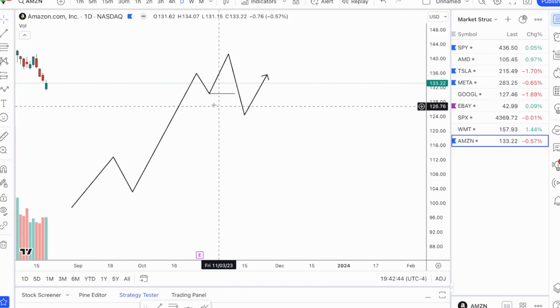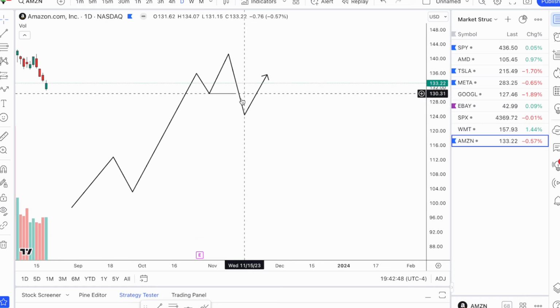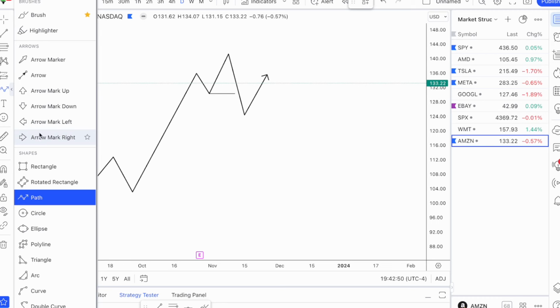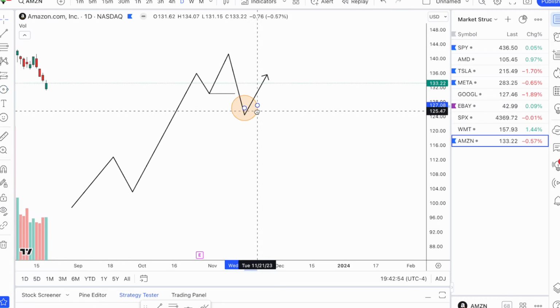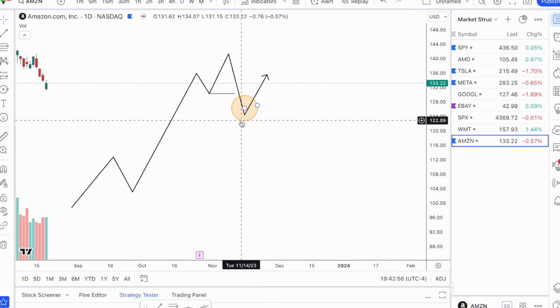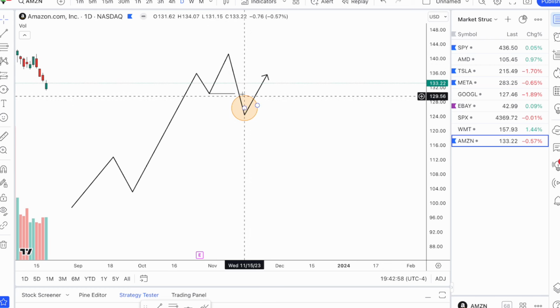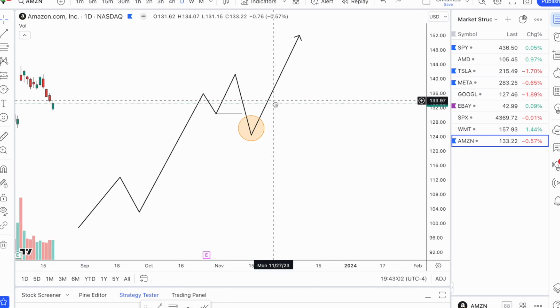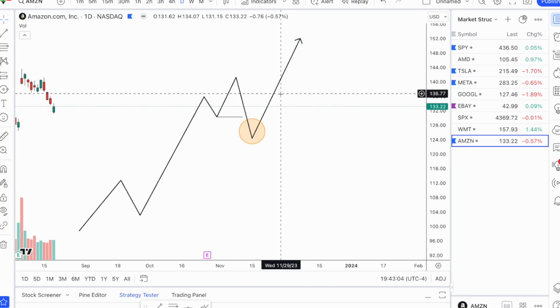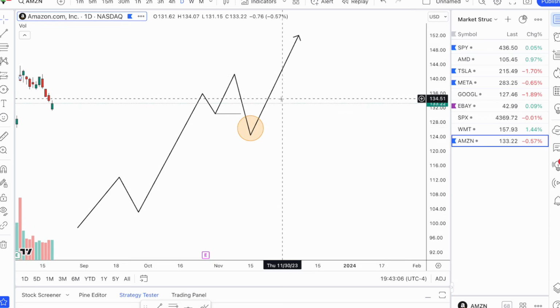We have a sharp move lower, we break that low, and we say we're in a downtrend. This is the trap. This is what we call a bear trap. A bunch of people see this break and want to get short. They wait for a pullback, expecting another move lower, and price goes higher. This is a very common pattern that you see all the time.